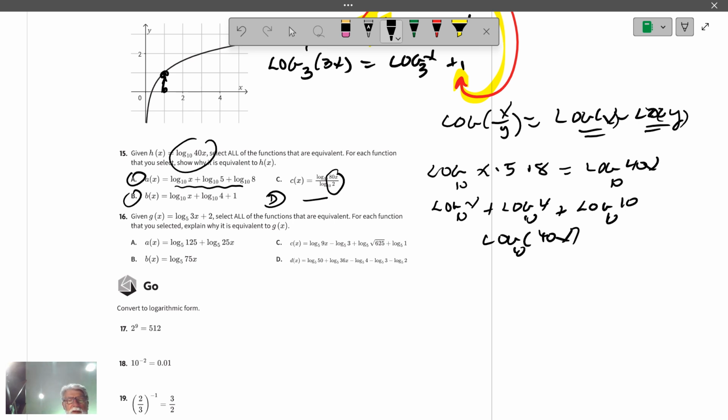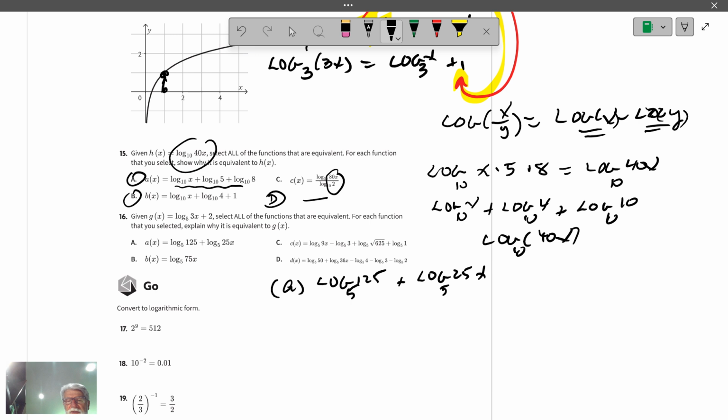All right, number 16, we want to figure out if the log of 3x plus 2 is equal to any one of these down here. So in the case of the first one, choice A, that can become what? The log of 125 in base 5 added to the log of 25x in base 5.